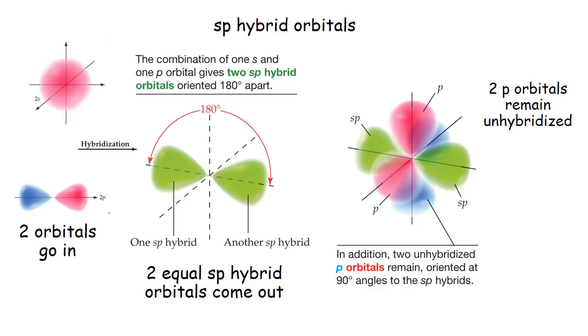There's one above and below the plane, and there's one in front of and behind the plane. Okay. And so these are all 90 degrees from each other, orthogonal. So there's one unhybridized p orbital here, and the other unhybridized p orbital is here. And remember, they're dumbbell shaped, so they have electron density in two places.